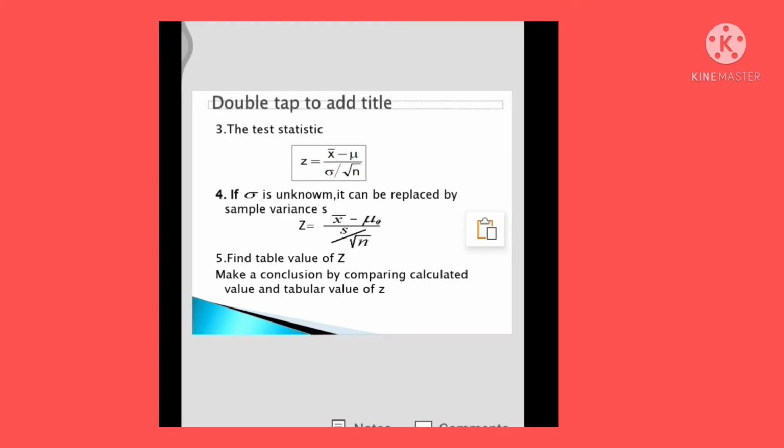After formulating the problem, we should find the table value of Z or Z alpha as per the level of significance given in the problem. Then make a conclusion by comparing the calculated value of Z and the tabular value of Z alpha.